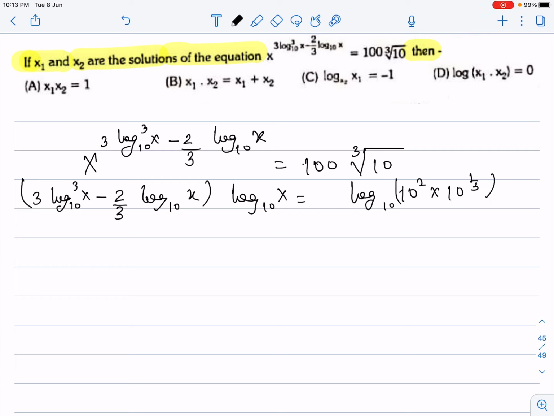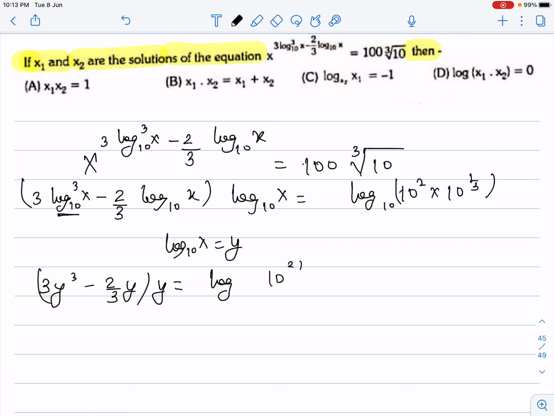Hope you got my point. Now I will write y for log x base 10. Log x base 10 is equal to y, assumed by me. So 3y cube minus 2 by 3 y multiplied by y is equal to log of 10 to the power 2 plus 1 by 3, base 10.